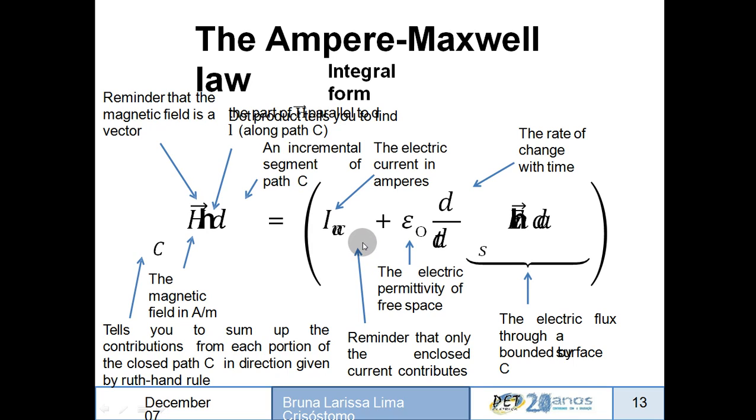If we take a dot product of the total conduction current density and the displacement current density, where J is the conduction current density and del D by del T is the displacement current density, with the infinitesimal small area, then we get the closed path integral of H dot dl, and that is the integral form of the Ampere-Maxwell law.